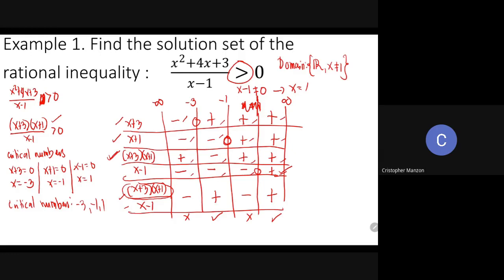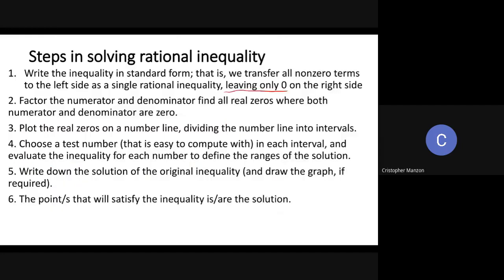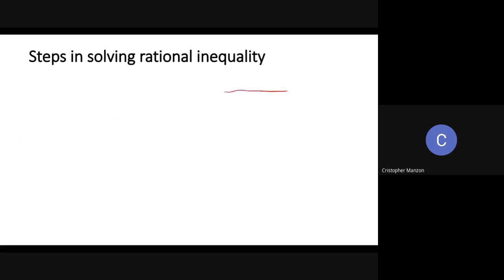So ang solution set ngayon, balikan natin ang domain, dapat hindi kasama si positive 1. So mula dito, ang ating solution set papunta dito. Bracket parenthesis. Ang dami natin i-consider sa lesson na to. Bracket ba ang gagamitin? Oo. Tingnan mo ang given, greater than, parenthesis siya. Nagba-bracket lang tayo kapag ang given ay, ano yung sinabi ko kanina?